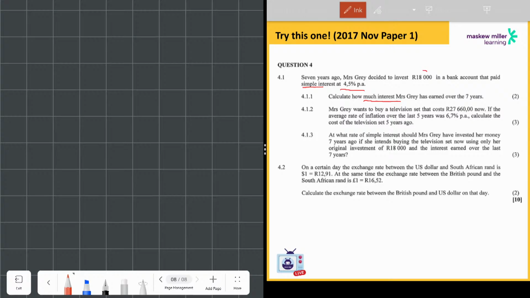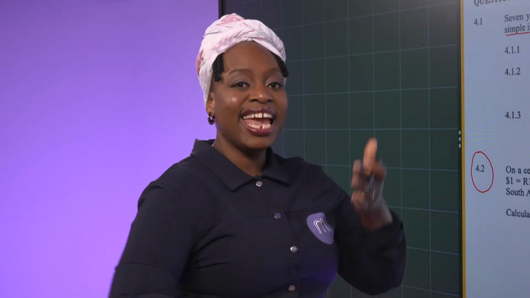You can see even in this one, they talk about inflation. When I hear that word, I run and I don't look back, and I make sure that I use a compound formula to get to that answer. But what I wanted to give you a hint on is the last question. Please take note. For this one, you can see that it was done in 2017. So by then, as I said, the exchange rate changes every minute.